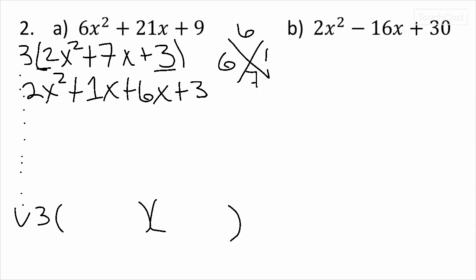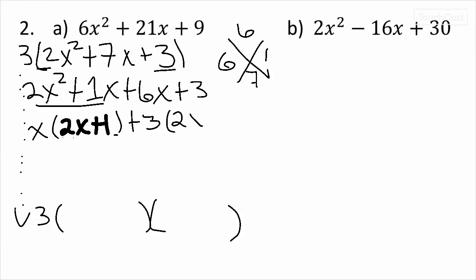Then I want to find the GCF out of these two, which is x. I get 2x plus 1, not x. So let me erase that. So that's a 2x plus 1. And then I have a GCF of 3, which gives me 2x plus 1.